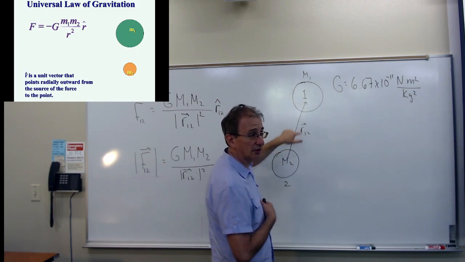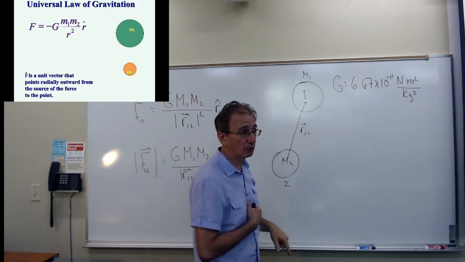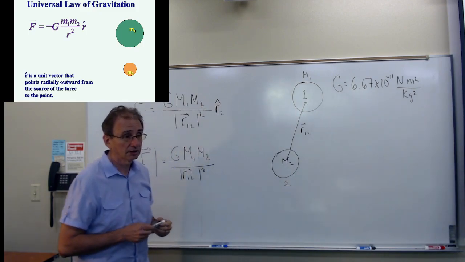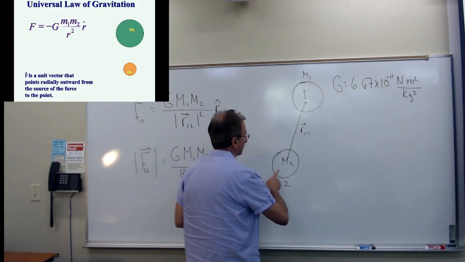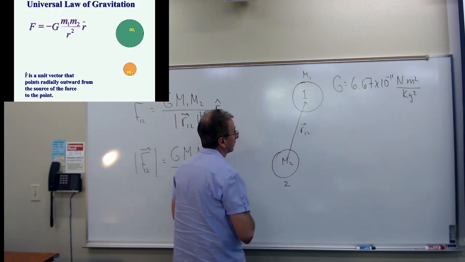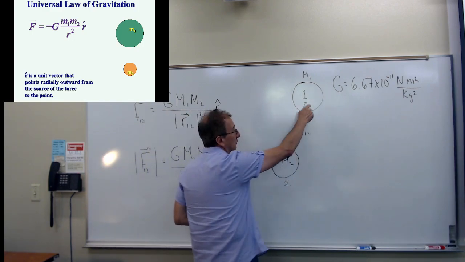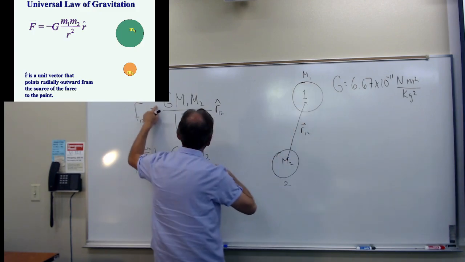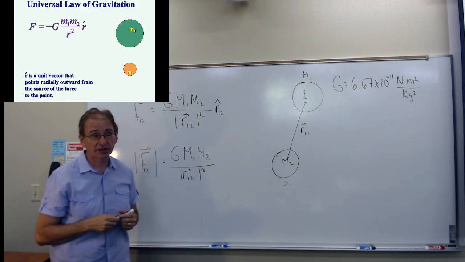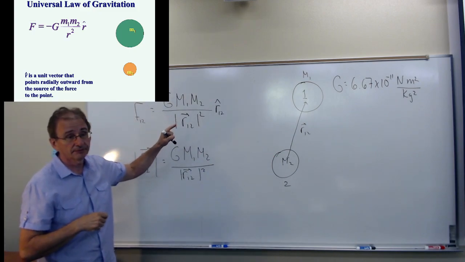It goes from source to point. That's what r12 is. It's always written that way. Okay, so even though this vector points this way, which way is this thing going to want to move? Downward. That's why we have the minus sign there. Does that make sense? So it's always written like this.